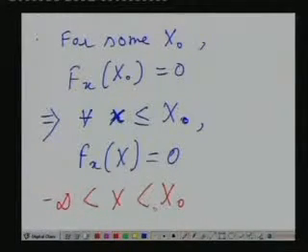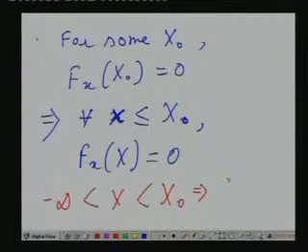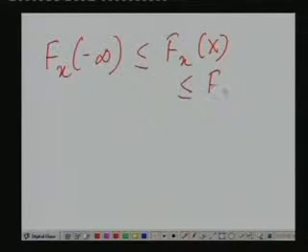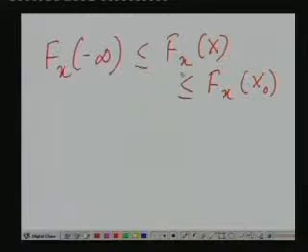But since the probability distribution function is a non-decreasing function, this implies the inequality. But this is 0 and this is 0, so this has to be 0. All right. So, this is property number 3.